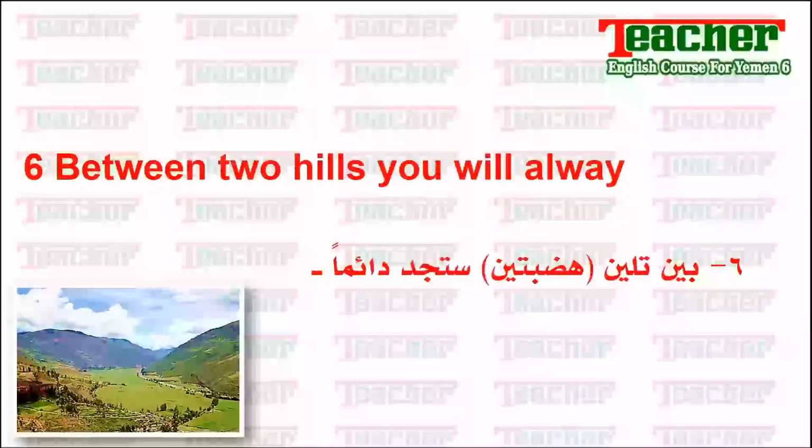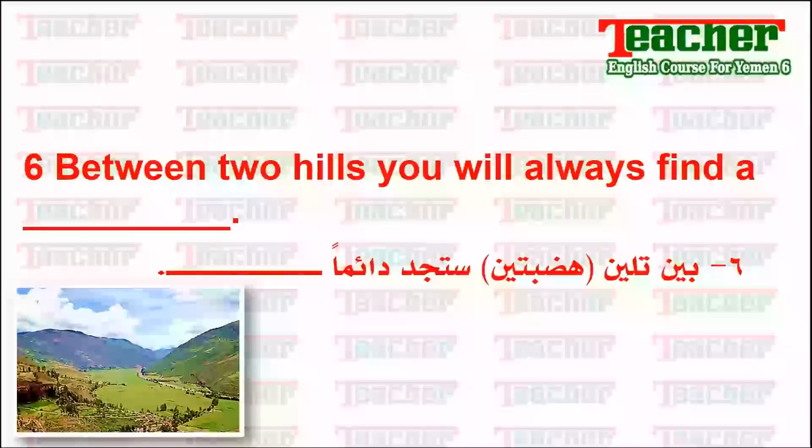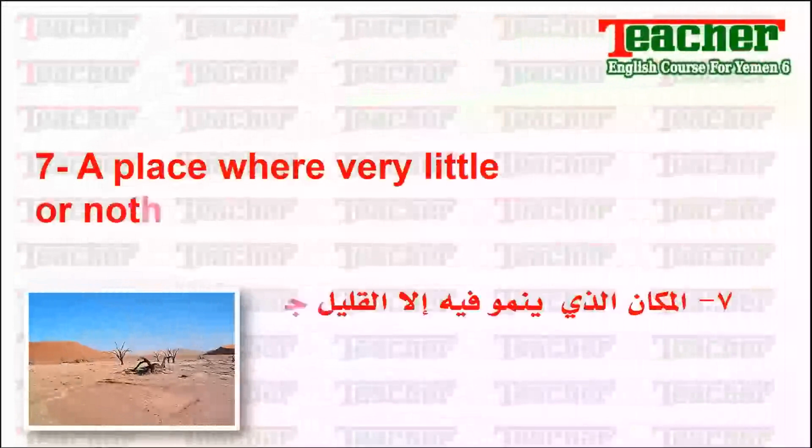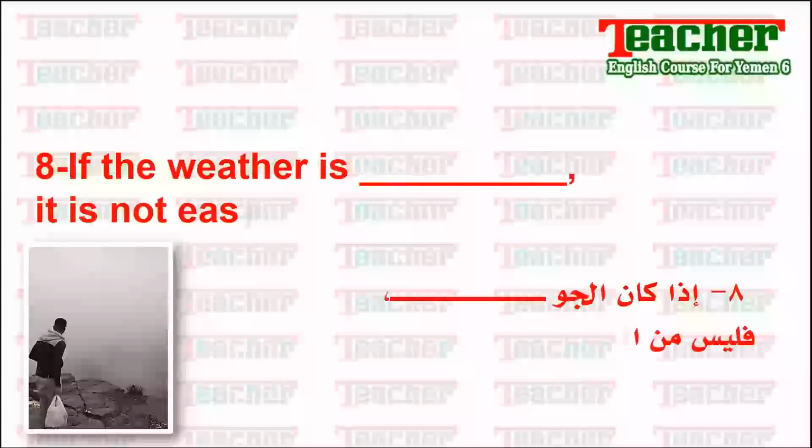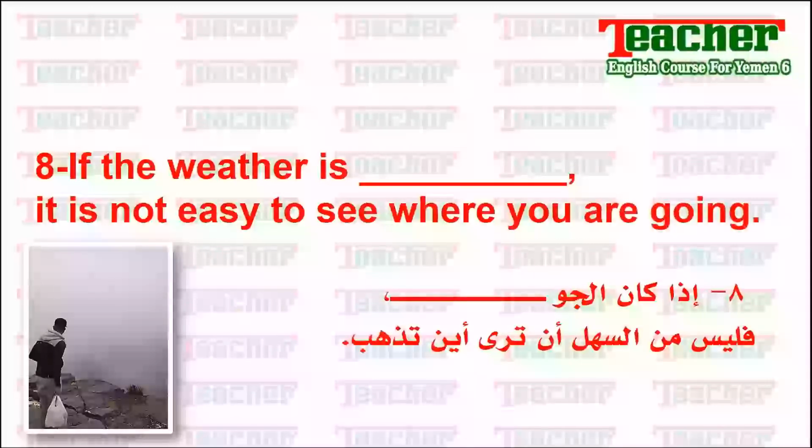Between two hills, you will always find a valley. 7. A place where very little or nothing grows is called a desert. 8. If the weather is misty, it is not easy to see where you are going.